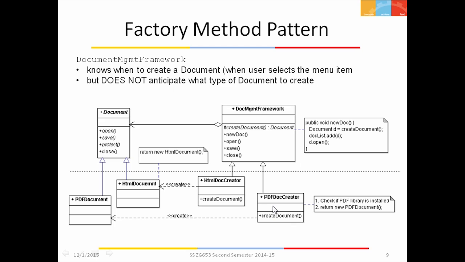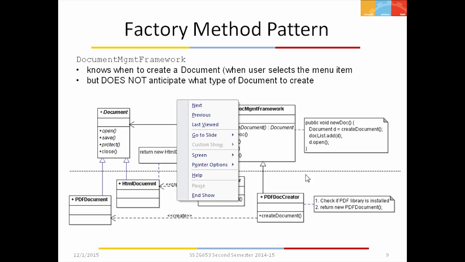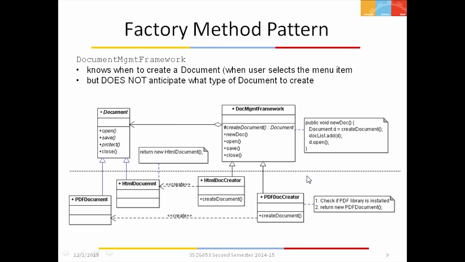So it does additional work. In the HTML document creator, it might just simply create an object of type HTML document and just return the handle. However, in the PDF doc creator, it might do some additional work. I purposefully showed these two to show that you can have your own creation logic, and that can vary from one concrete class to another concrete class.